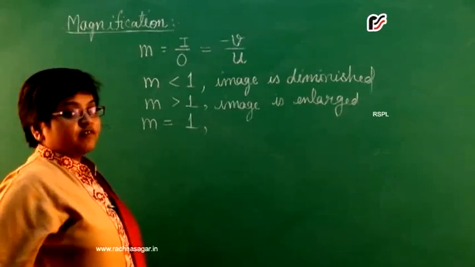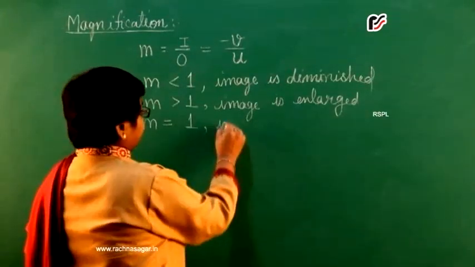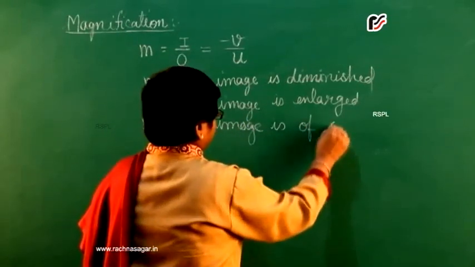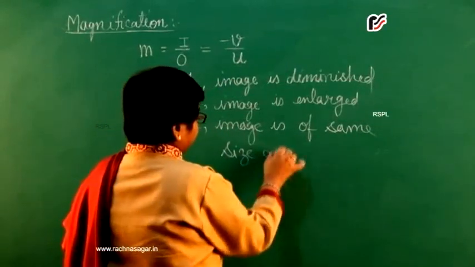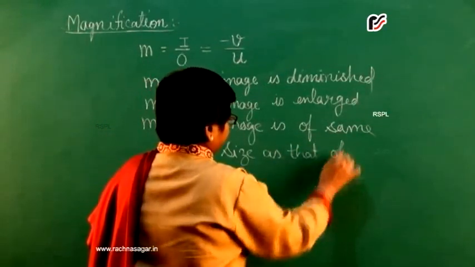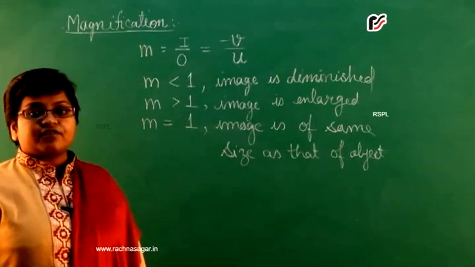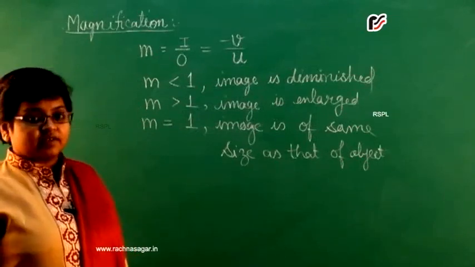If the value of m is exactly equal to 1, then the image is of the same size as that of the object. There are two more cases.